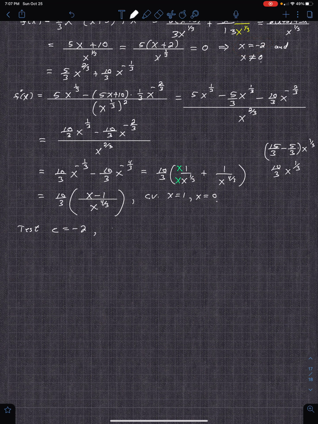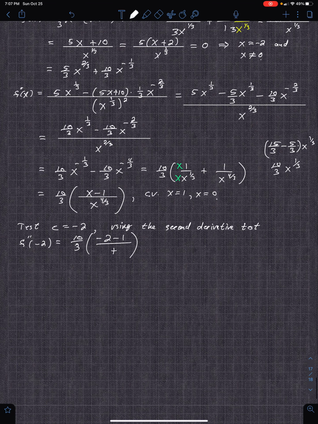Using the second derivative test, we have f double prime of -2 equal to 10 thirds, and then it's -2 minus 1 over something positive, which is less than 0.